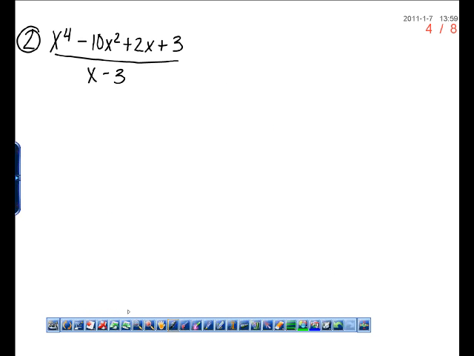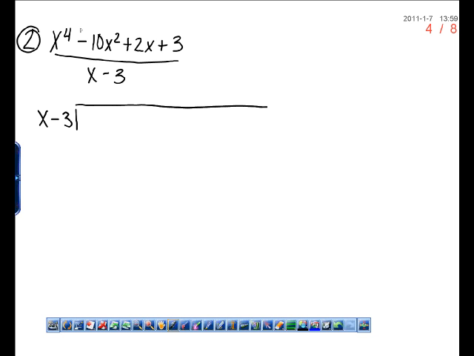All right. X to the 4th minus 10x squared plus 2x plus 3 divided by x minus 3. Now, don't get too far ahead of me writing out this division problem. Okay? So, we are going to write our x minus 3 on the outside. All right. We go from x to the 4th, and then we skip down to x squared, x, and then our constant.